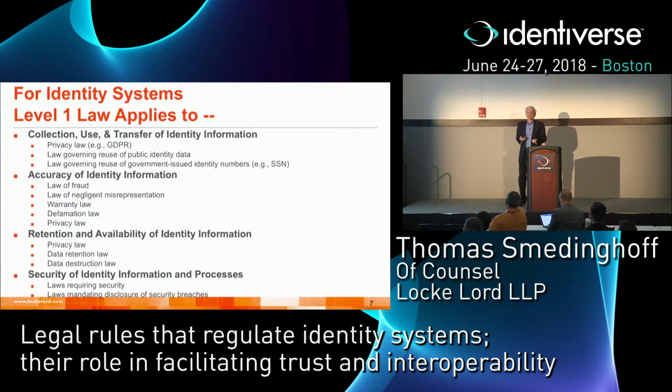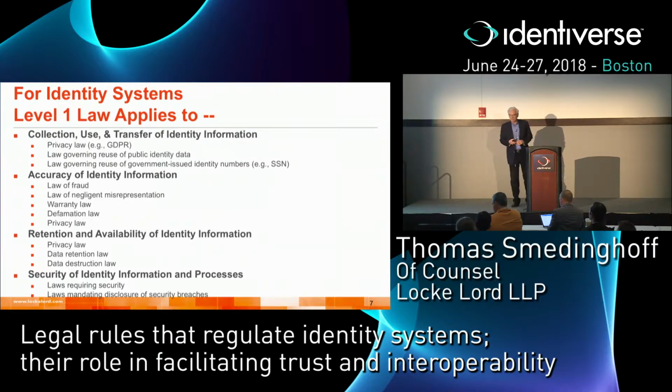What about the accuracy of identity information? Okay, the basic tort law, the law of fraud, the law of negligent misrepresentation, warranty law, all of those kinds of things, common law written outside the context of identity systems, but will likely be applicable within the context of an identity system in a variety of situations.